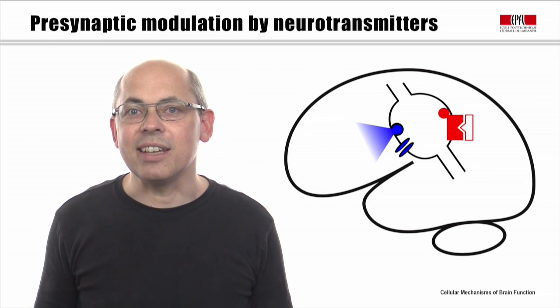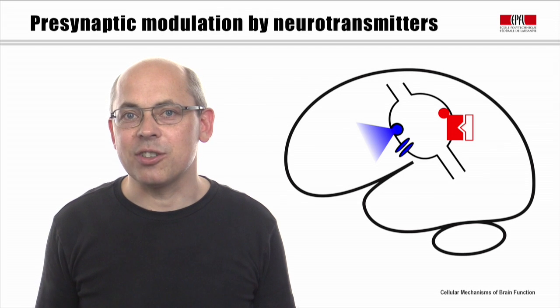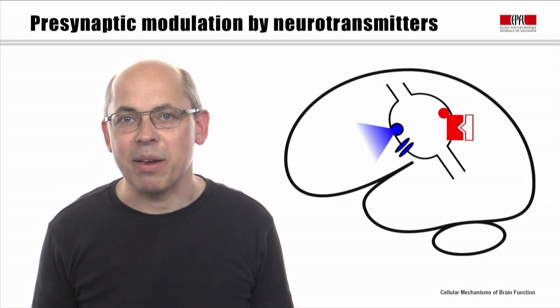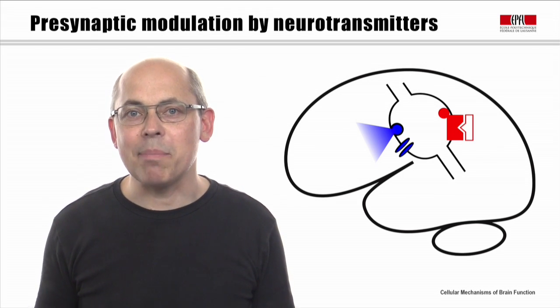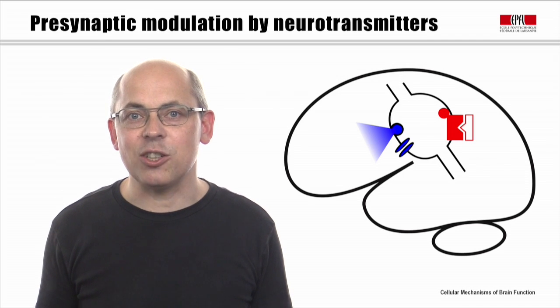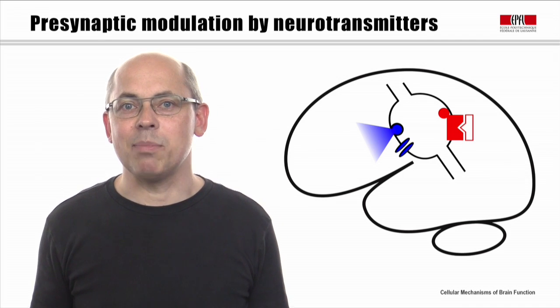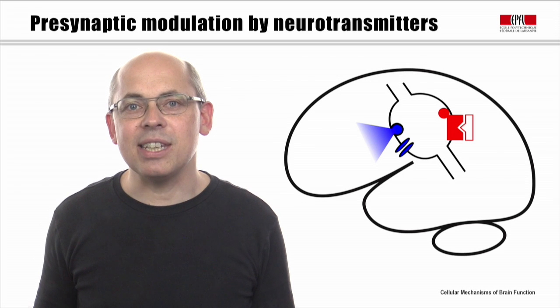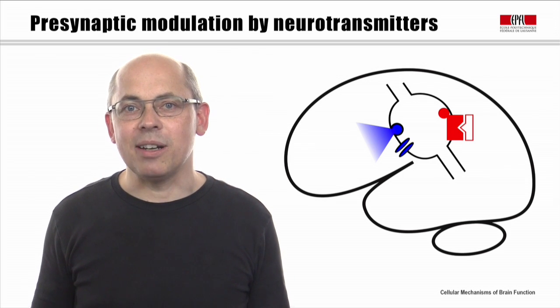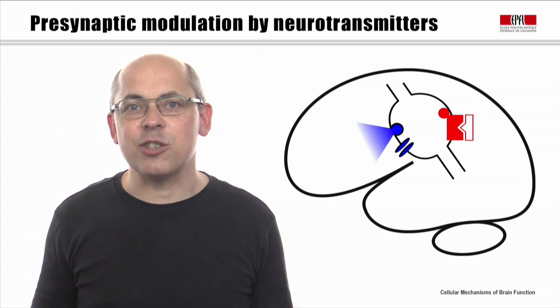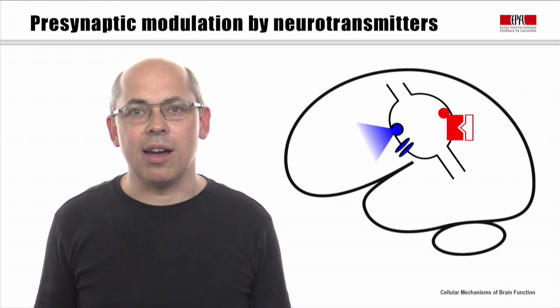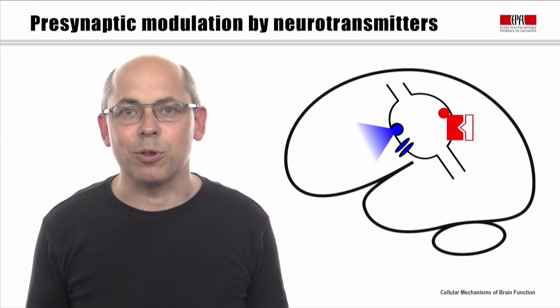We learned previously about the temporal modulation in terms of the action potential firing pattern of that neuron that can make a big difference in terms of facilitation or depression of neurotransmitter release. Here we now see that the neurotransmitter concentrations in the extracellular space can also affect neurotransmitter release in an important way.